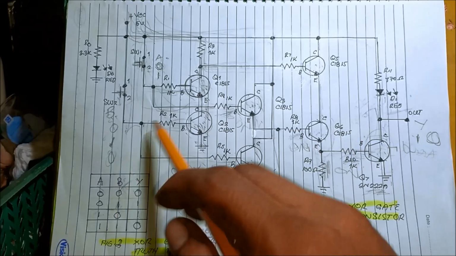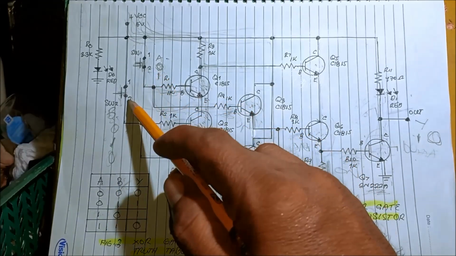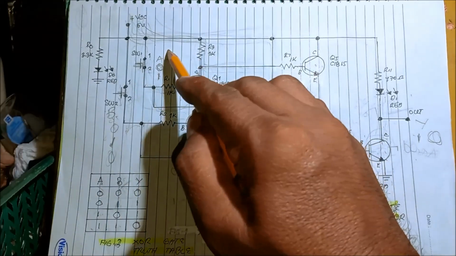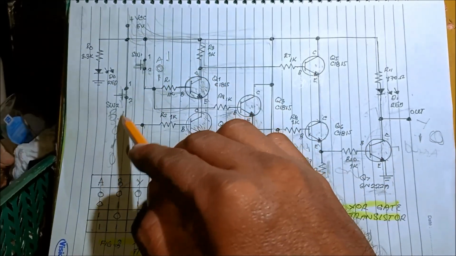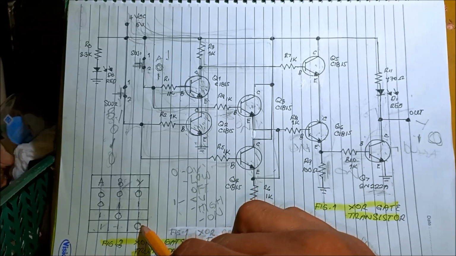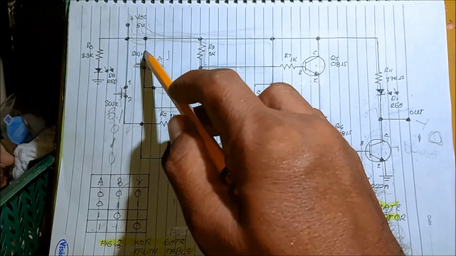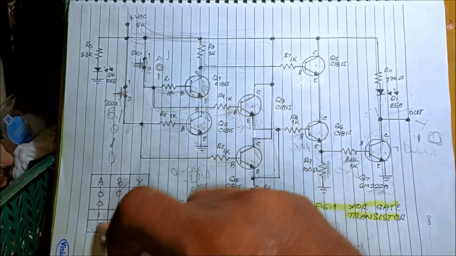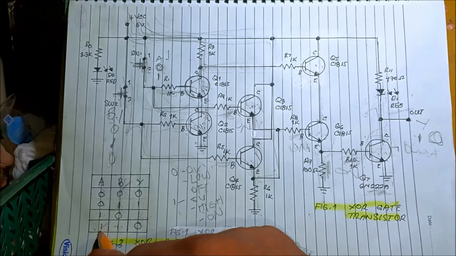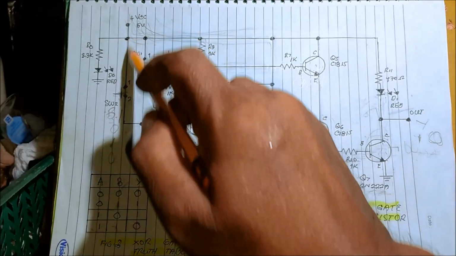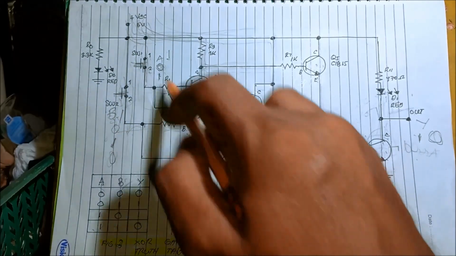Now, in the case that we both press the two switches, it means A is 1 and B is 1, which will make the output turn off. Why? Because when we press the switch, the switch is closed here and the switch is closed here with the logic level of logic 1 or high, because we are injecting a current to the base.